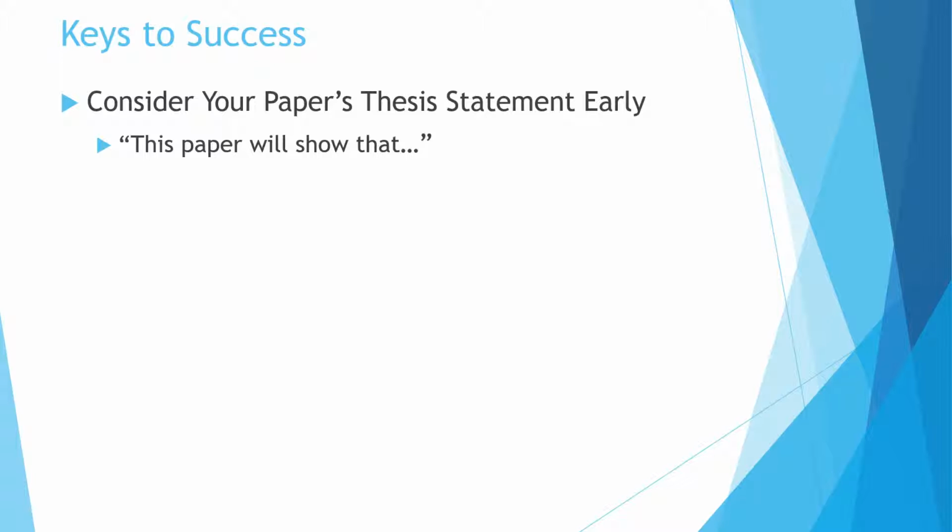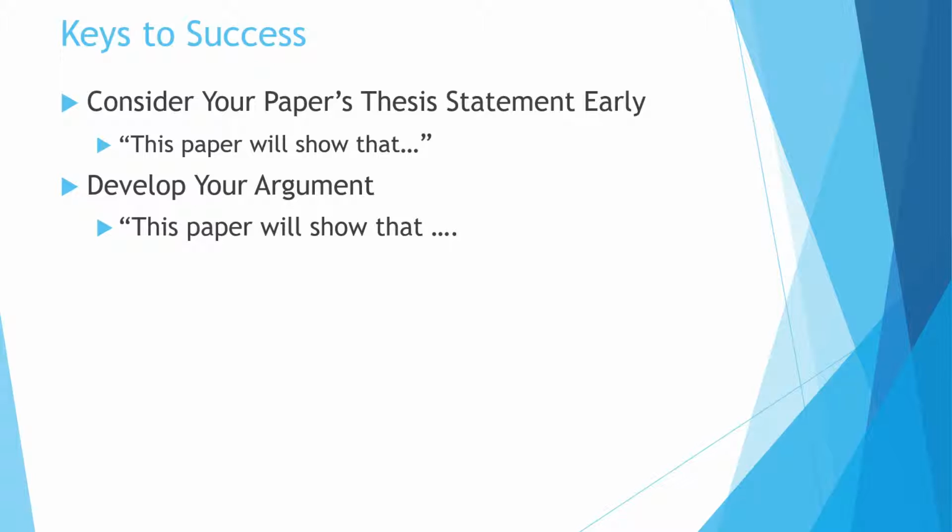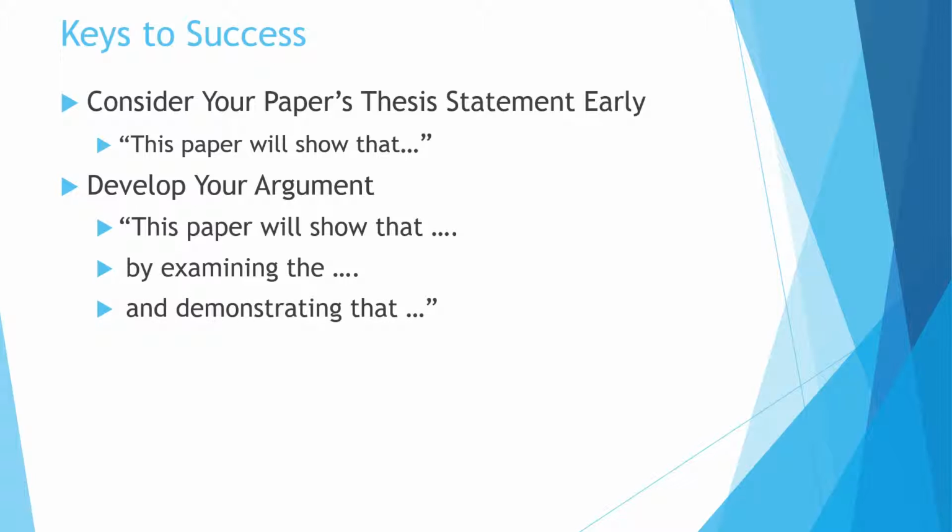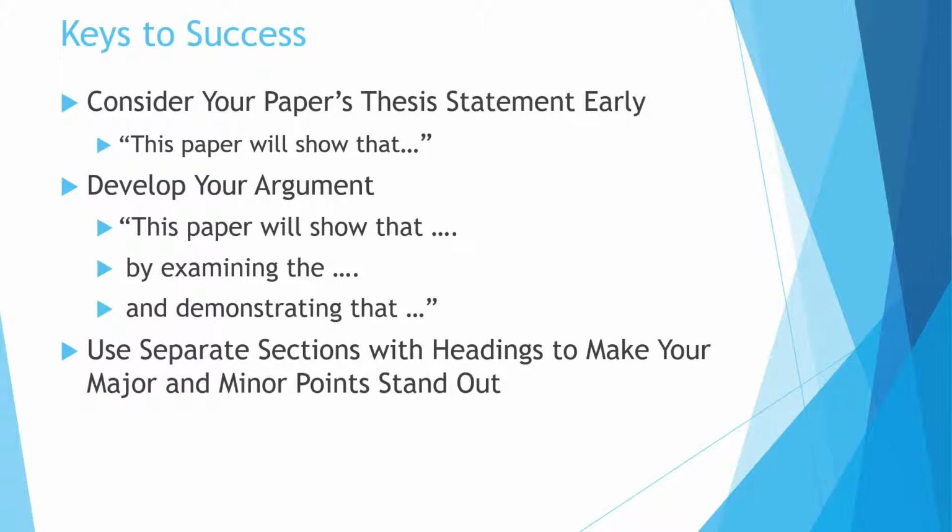That's what you're going to be showing in your paper. And then you develop your argument by saying this paper will show that by examining the following information, the following literature, and demonstrating that these sort of things happen, that will present your case to support your thesis statement.